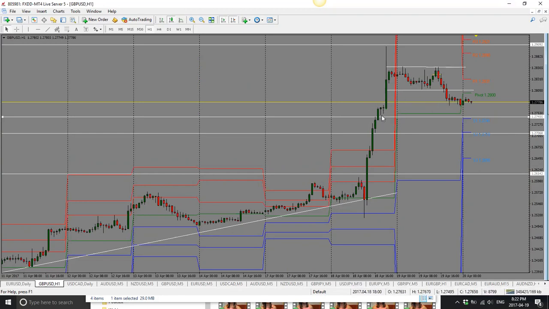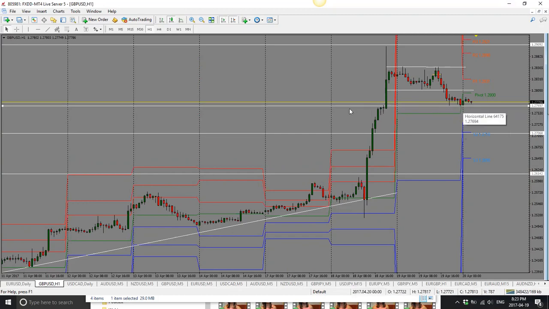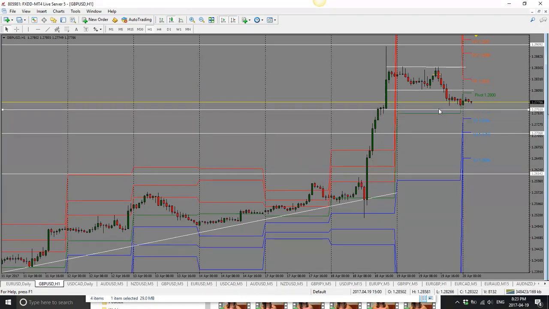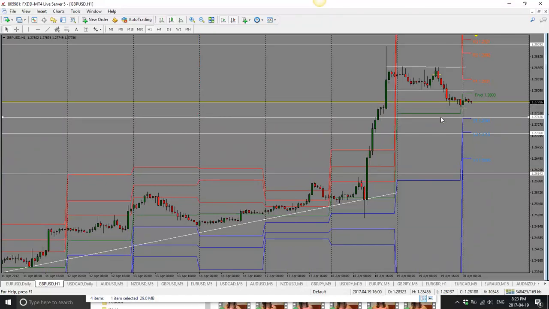This inefficiency is filled completely, and now this is where we are. This was our target, and now we could see a move to the downside from here, or it could take off from here. But I think we could see a pullback into this S1 level, this support and resistance, the bottom of these pins. So we could see price come back here and then move to the upside.